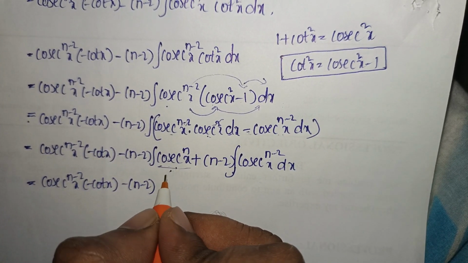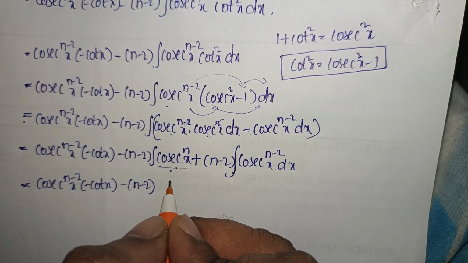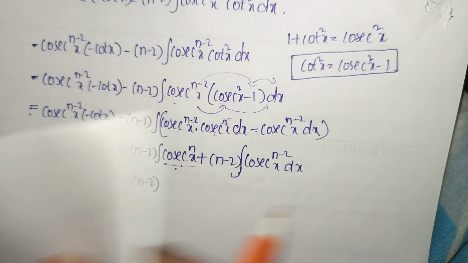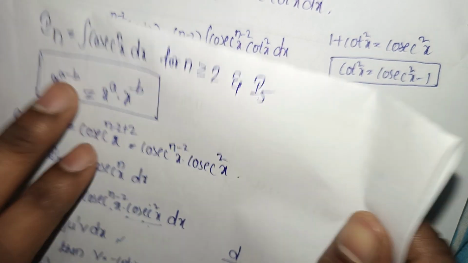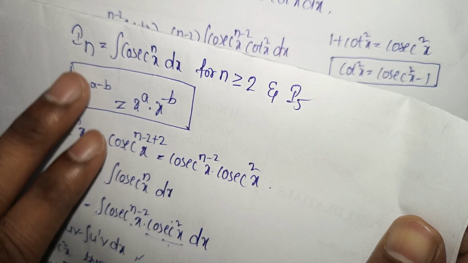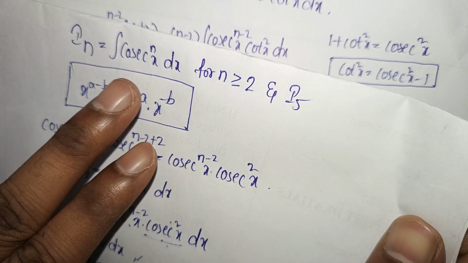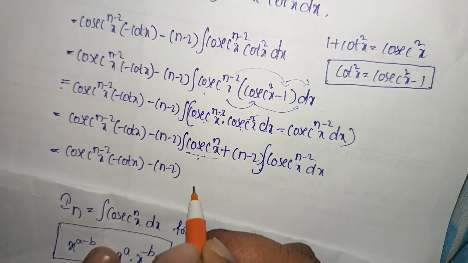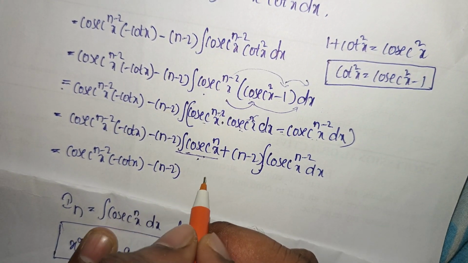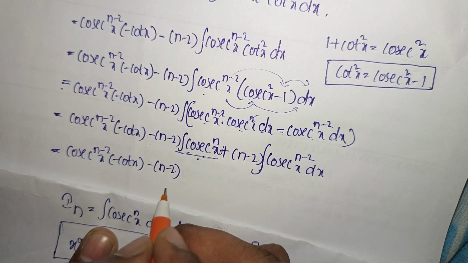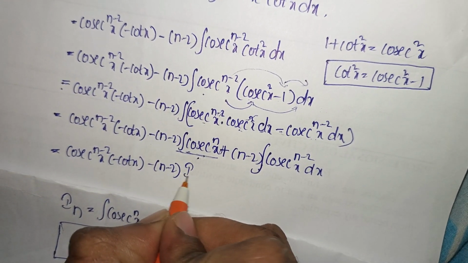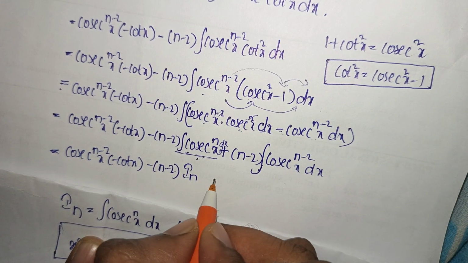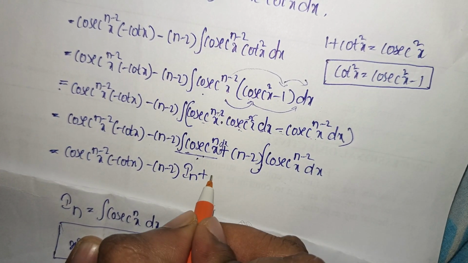How can we write this? If you look at the question given here, I n is equal to the integration of cosecant to the power of n x dx. We have the same term here, so I am writing the whole thing as I n. I forgot to write dx here. I n, okay, plus n minus 2.